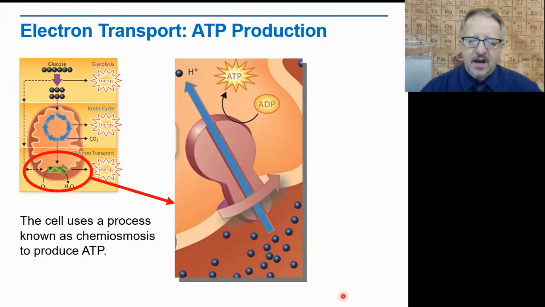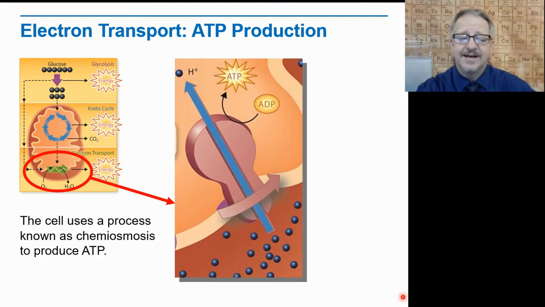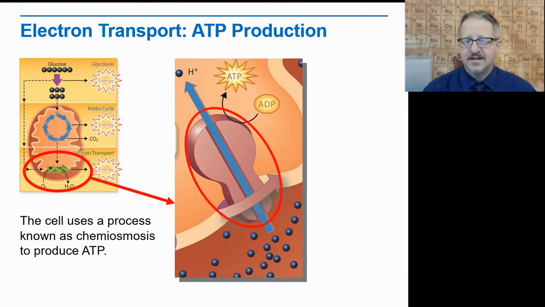All right, so the inner mitochondrial membrane also has these enzymes that are called ATP synthases. We did learn about these when we learned about photosynthesis. So the same process is going to happen here, but interestingly, we're going to generate a tremendous amount of ATP as a result. So the ATP synthase, this nice big molecule here, is going to basically be a pathway for those hydrogen ions, which are in high concentration down here now.